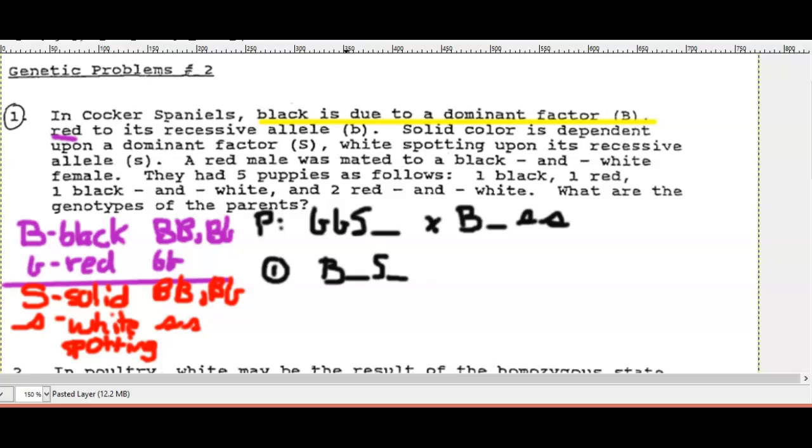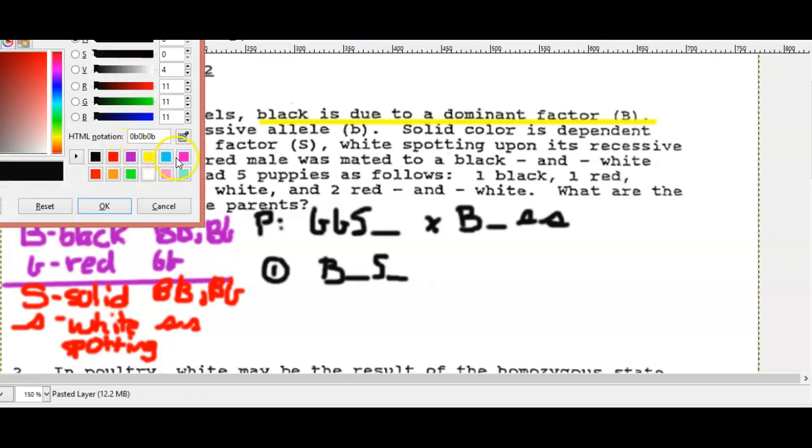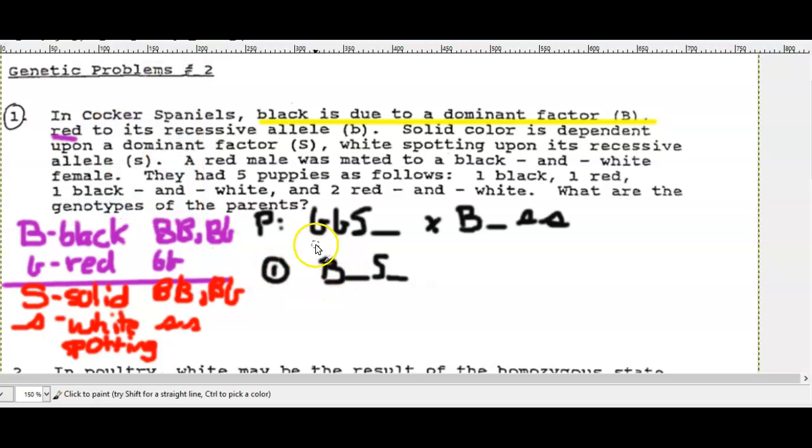So let's see if we can find any clues. This parent here can only give the recessive allele, so we know that that puppy got a little b from the dad.